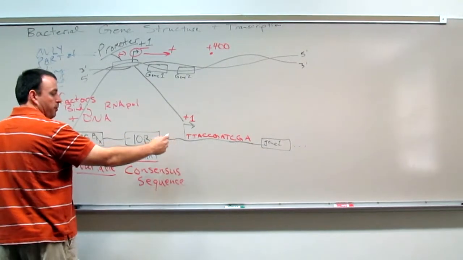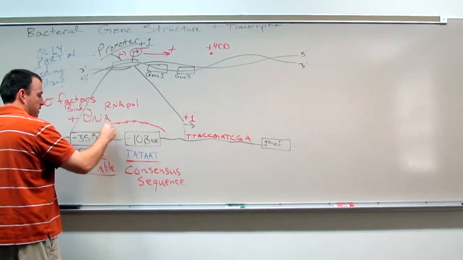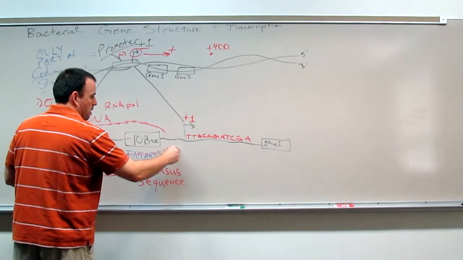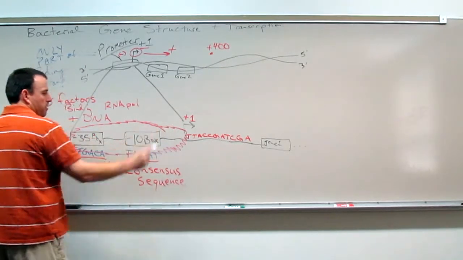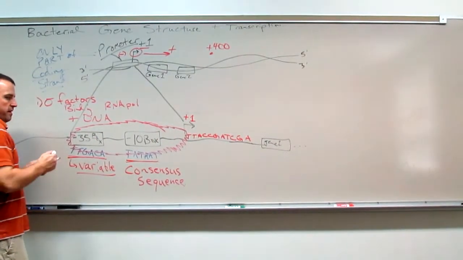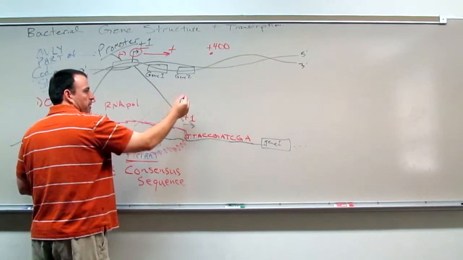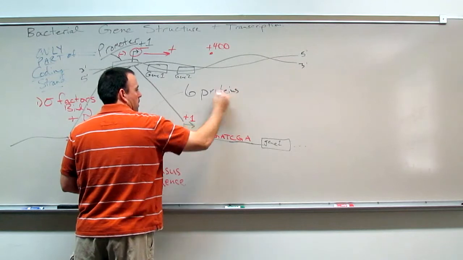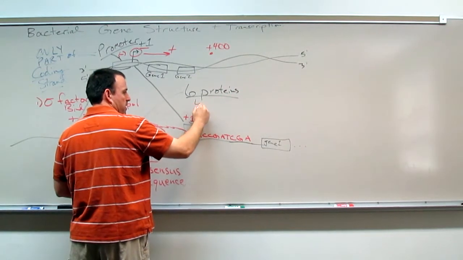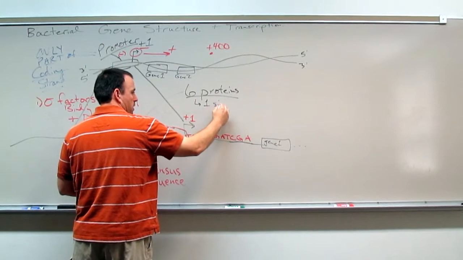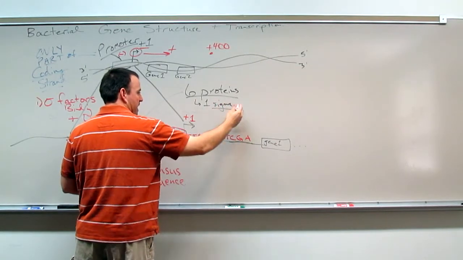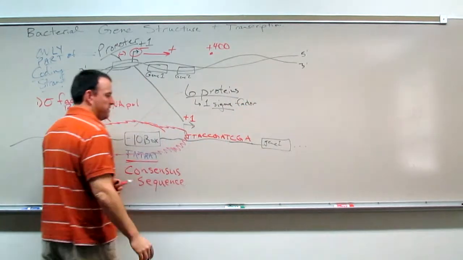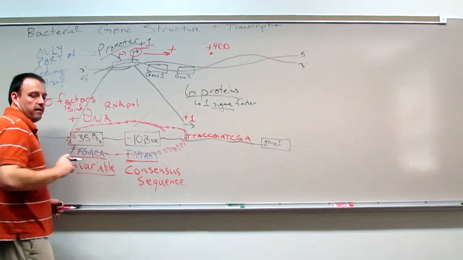So I'm going to draw the RNA pol complex with sigma factors here. And what's important here? What's important is that this entire complex, remember that's at least 6 proteins with at least one, or maybe I should say exactly one sigma factor, is directed to this area of the DNA.